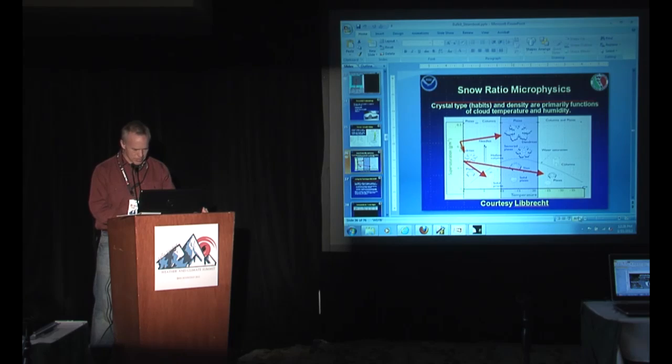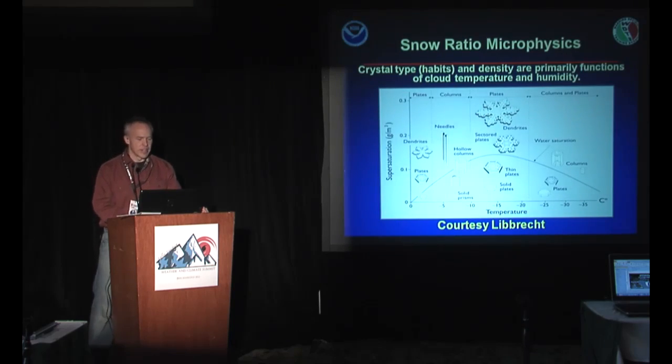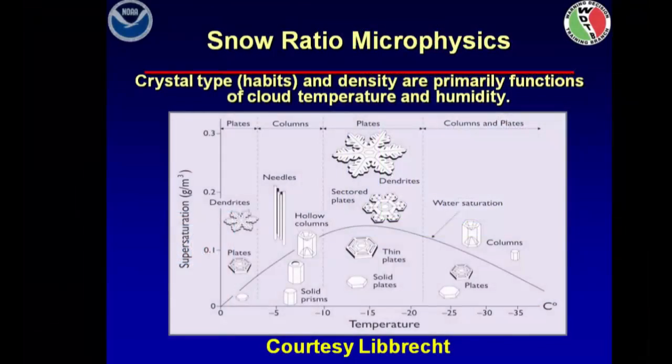There we go. Does this diagram ring a bell with you? Okay, so this is a diagram which shows needles from -5 to -10. But you notice that it depends on the supersaturation.